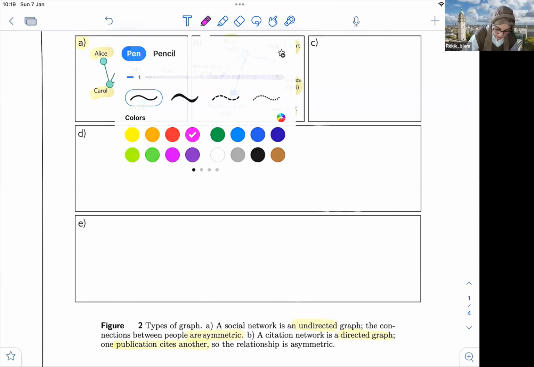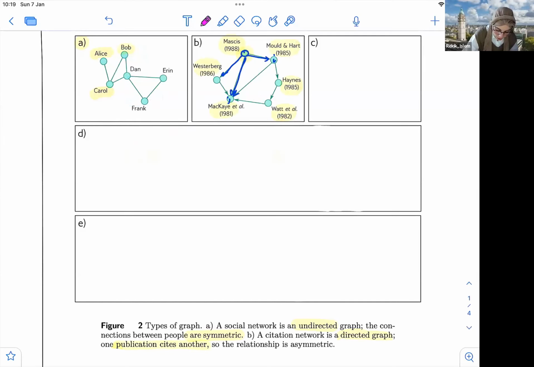If we look at Watt et al. 1982, this paper has only cited this paper, and it has been cited by Hain 1985. So this relationship means cited in, and we can also reverse the graph if you want to reverse the meaning of the edge that you're defining.